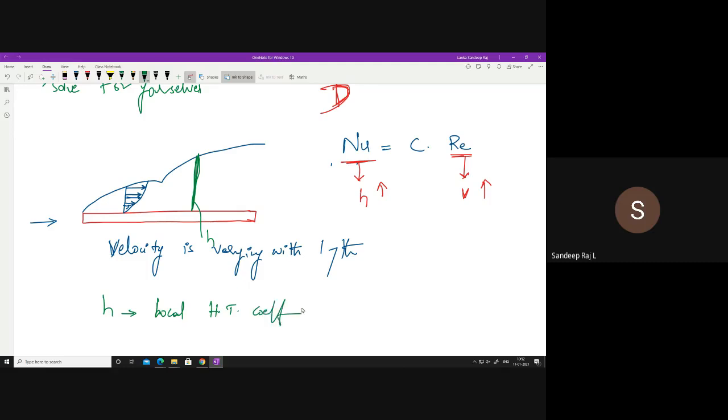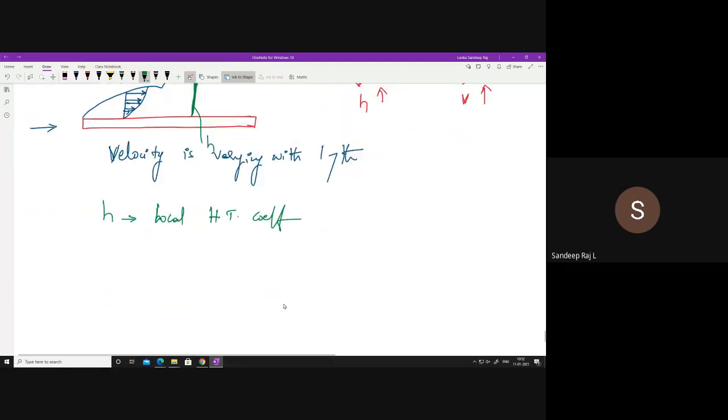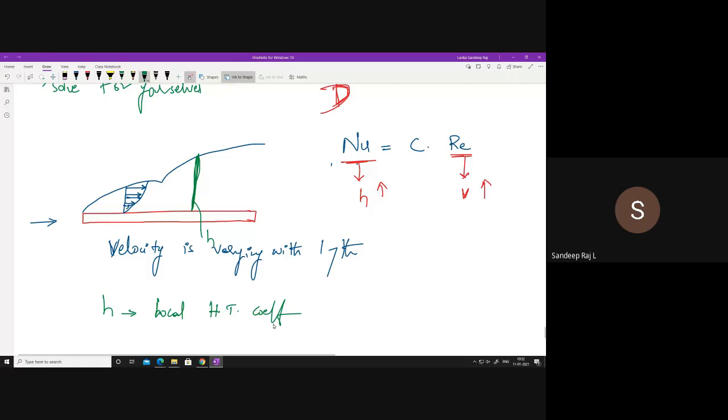But you have something called a velocity which is common throughout. That is the free stream velocity, and this free stream velocity is the same throughout.